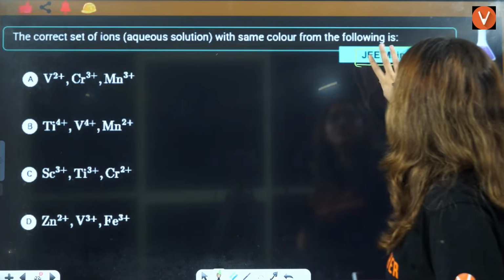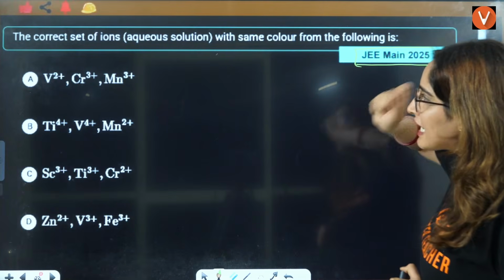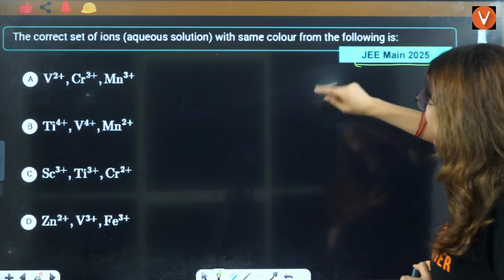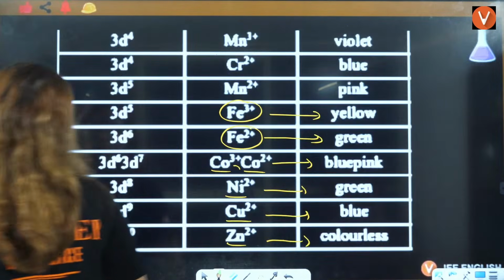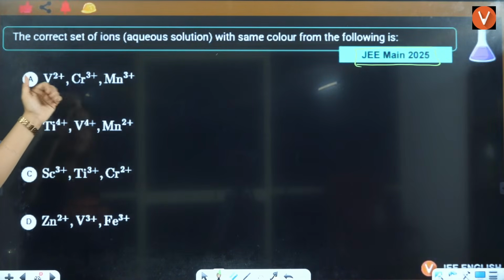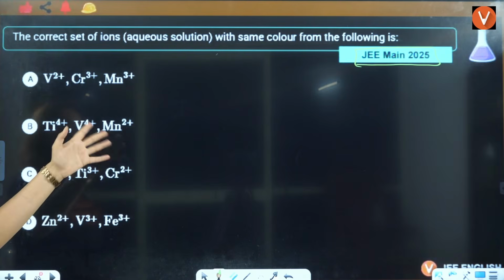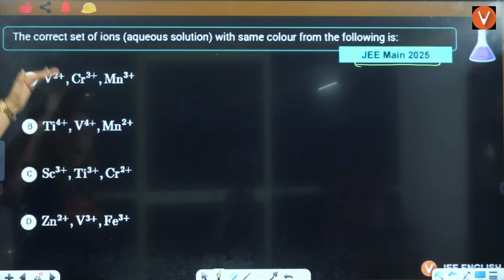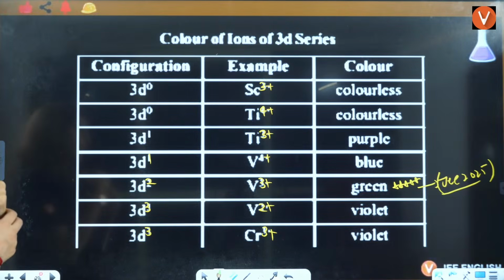So if you see the JEE Mains 2025 question, this is the correct set of ions with the same color from the following. Now they are saying the same color from the following. Can you see over here you have vanadium, chromium, manganese, titanium 4 positive, vanadium 4 positive, then manganese. Out of this, this full chart should be on your tips.